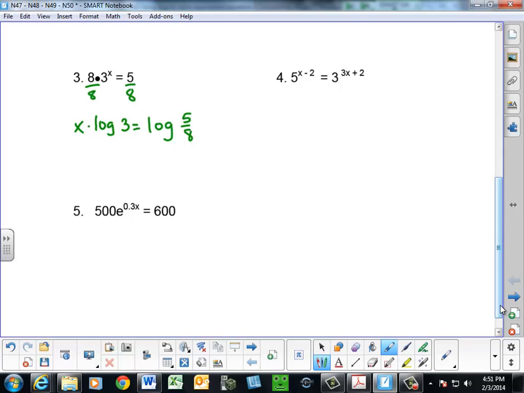And then finally, just divide by log 3 on both sides. You type that in the calculator and then round your answer to 3 decimal places. So x is equal to negative 0.428.